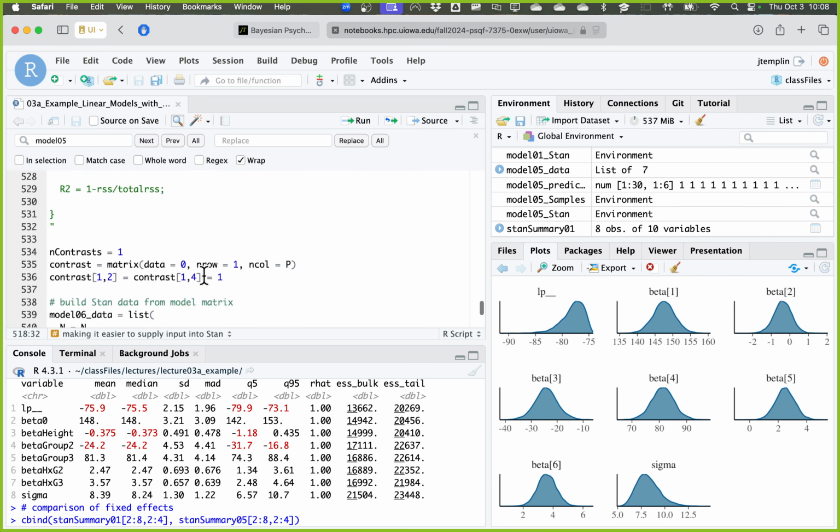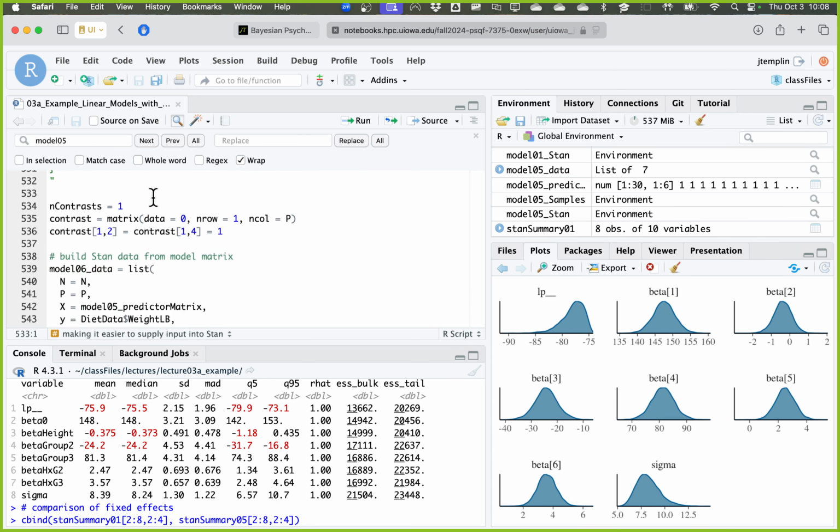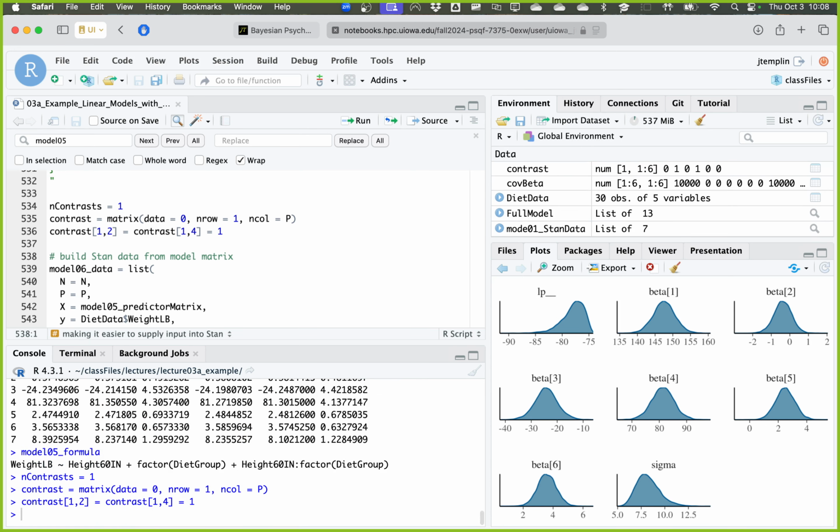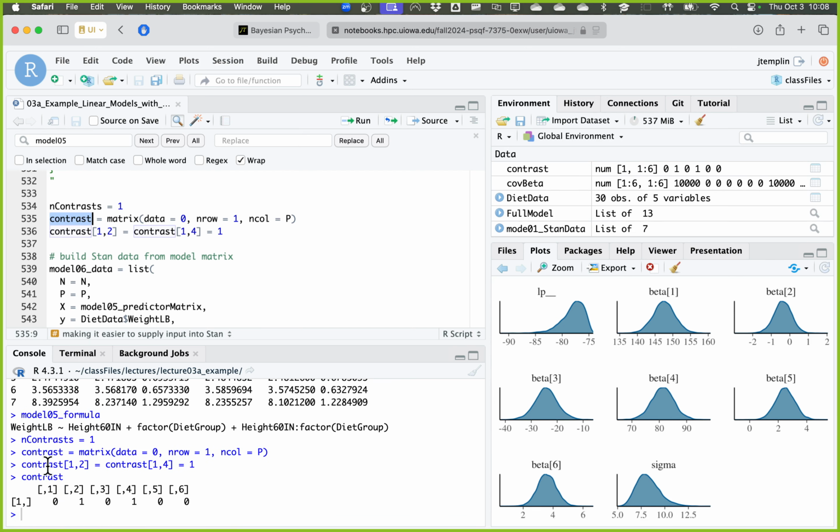Let me go down to what that contrast vector may look like. This, if you took Lisa Hoffman's intermediate statistics, is the input into the GLHT function, in that this contrast right here represents the number to multiply each coefficient with to build that linear combination for the group slope for group 2, the height slope for group 2.